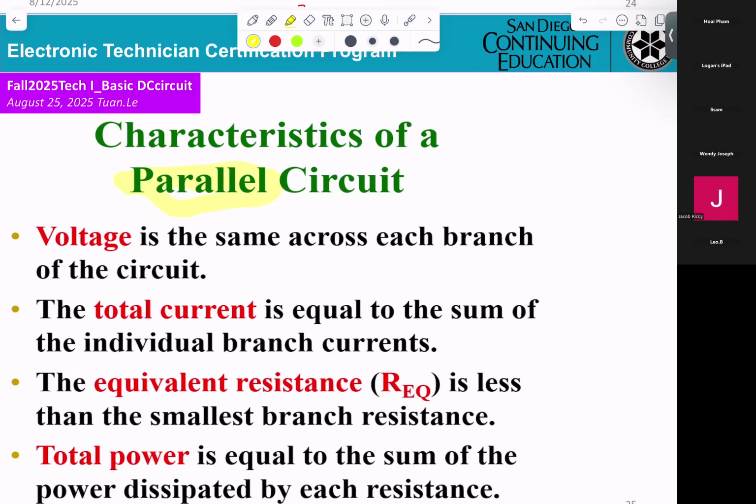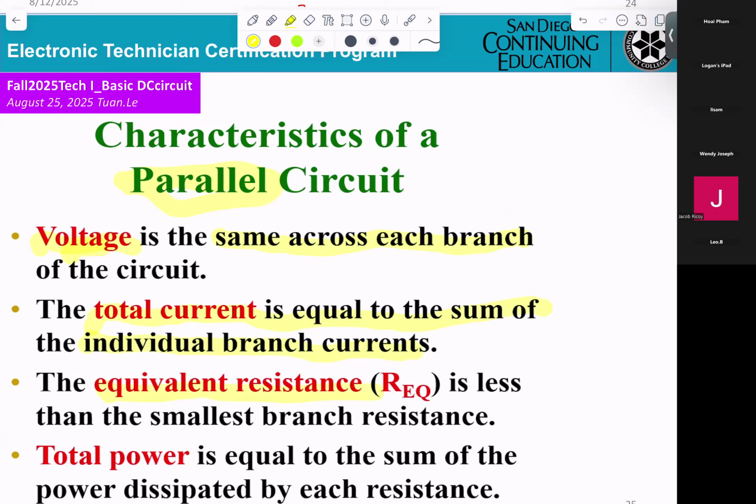Okay, this is the summary of what we need to know. Voltage is the same across each branch. Total current equals the sum of the individual branch currents.